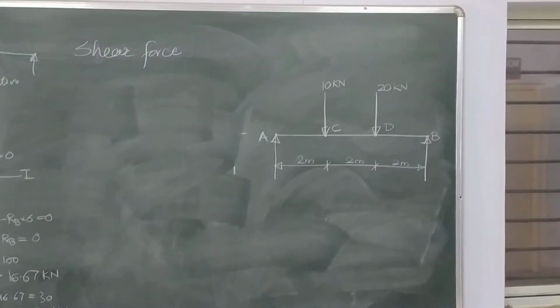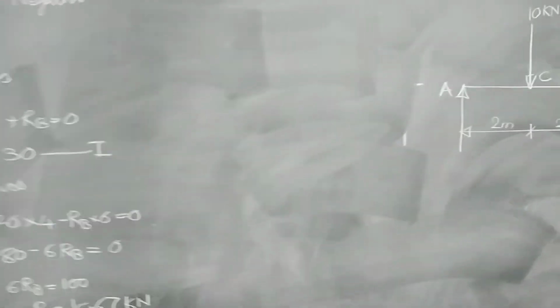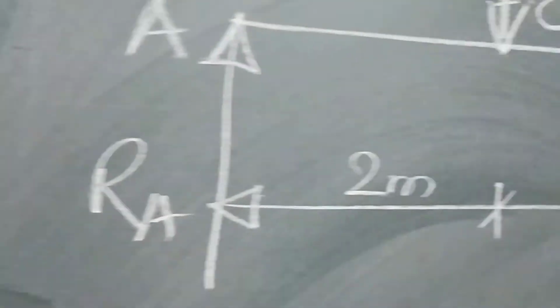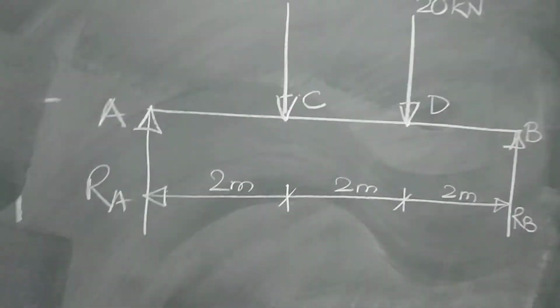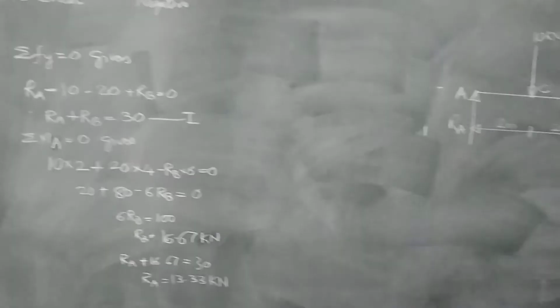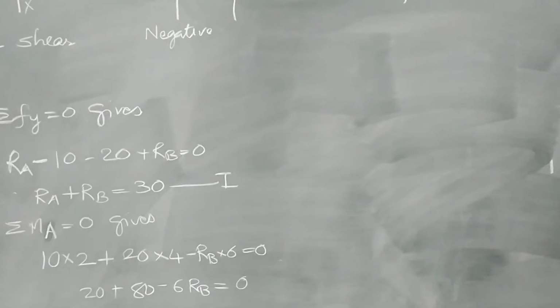In order to find support reactions, we have to proceed with our regular procedure. Upward forces are positive and downward forces are negative. So, here there are in total 4 forces, RA, RB, 10 kilonewton and 20 kilonewton. RA is upward, 10 is downward, 20 is downward, RB is upward.